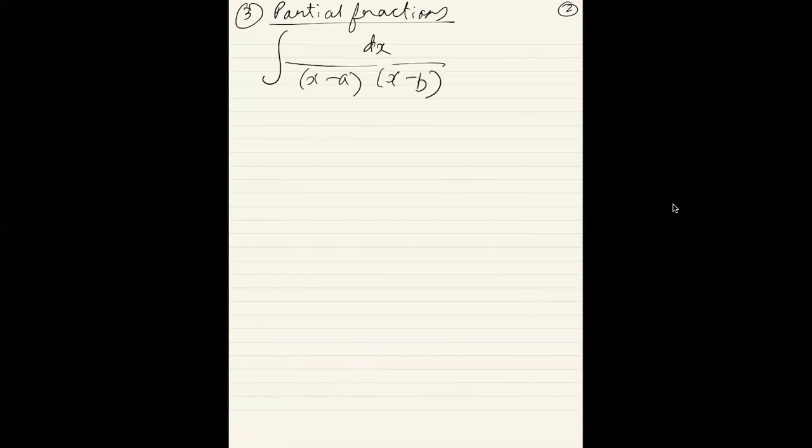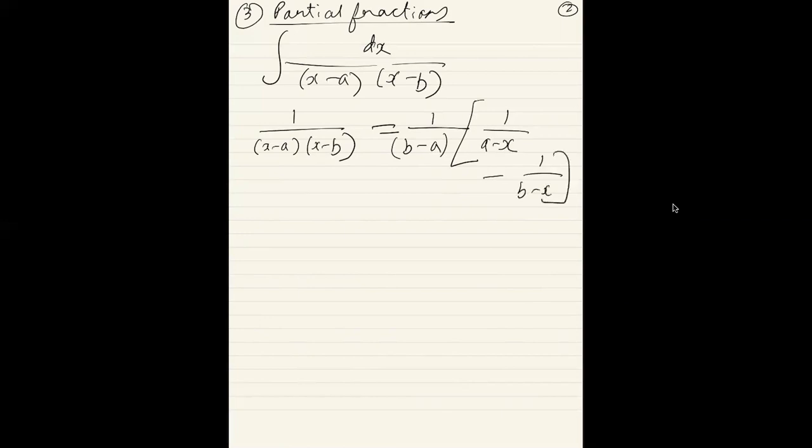Here, it's hard to do on its own, but what we can do is make use of a very clever identity which says that 1 by (x minus a)(x minus b) is the same as 1 by (b minus a) times [1 by (a minus x) minus 1 by (b minus x)].